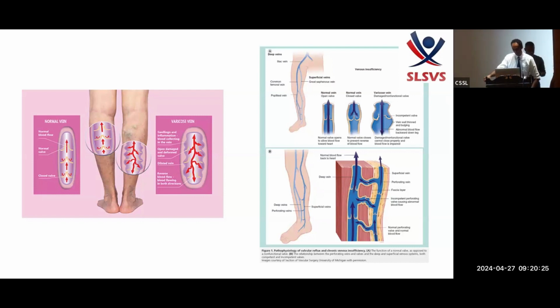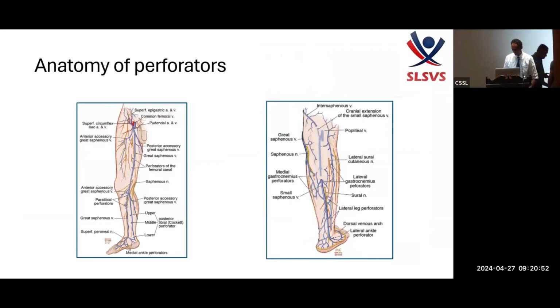Usually the blood flows from superficial to deep, but when the valve in the perforator is incompetent, when the muscles pump in the deep veins, the blood can come back to the superficial veins and they can dilate and end up in reflux disease.